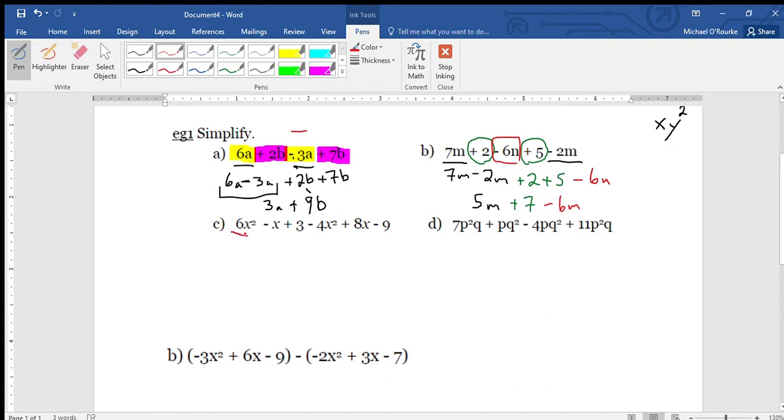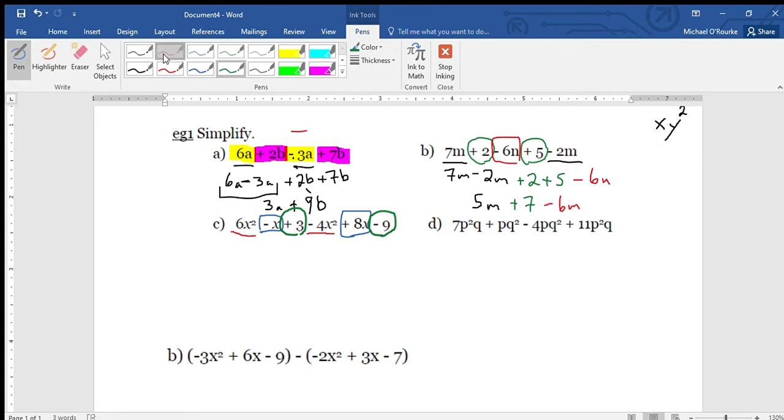Let's do this one. I have x squares, and I go through and I look for all my x squares. I can change my color. Then I look for x's. Okay. There's my x's. I include the sign in it. And then I'm going to go green. I have my greens, which is my constants.